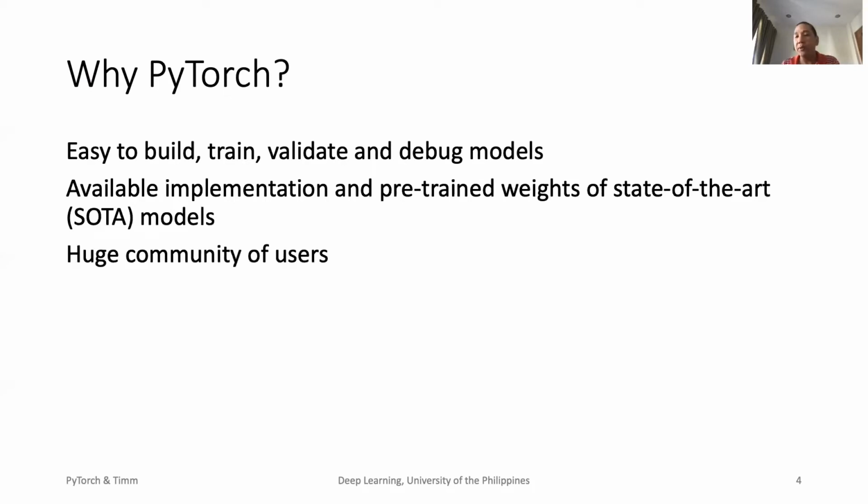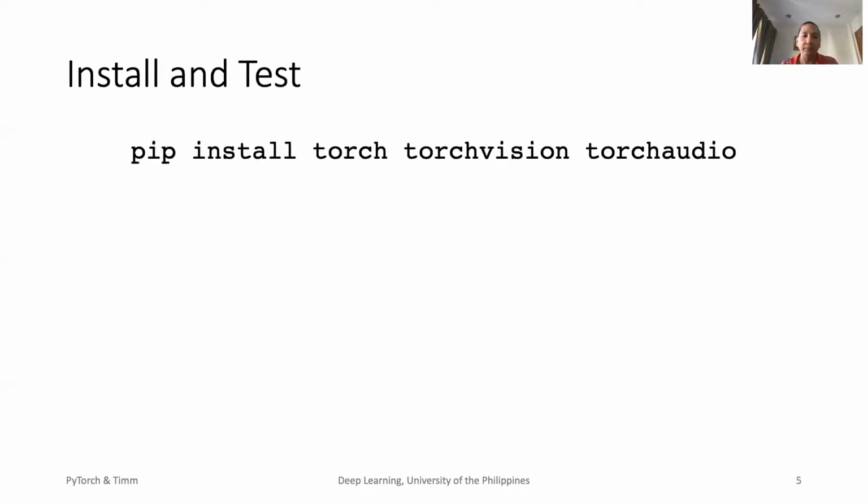Third, a huge community of users means help is available. The majority of recently published papers also use PyTorch. Lastly, it is production ready. Many technology companies deploy trained models built using PyTorch.